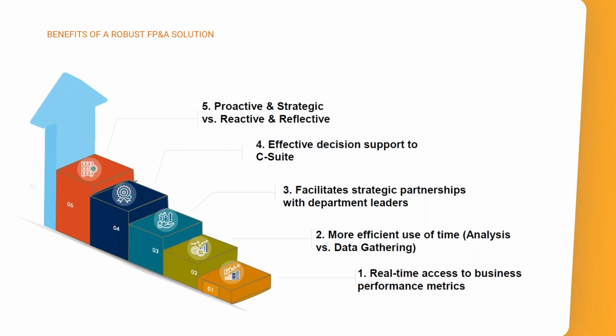Okay, so another kind of ladder showing you the things that we could benefit from a robust FP&A solution. It's really the real-time access to the business performance metrics, having that ongoing, not spreadsheet-based, which is always as of a point in time, and by the time it's been released, maybe it's 3 weeks after month-end close.